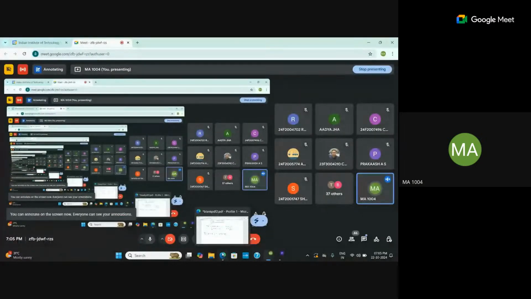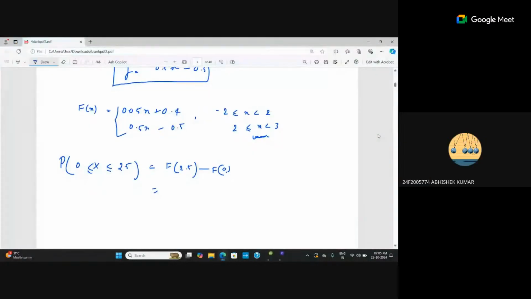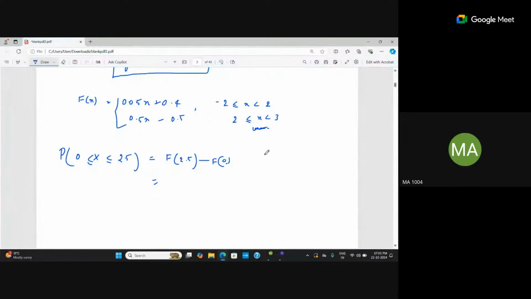Now is it visible? Yes, ma'am. Okay. So this point is clear. So it will be F at 2.5 minus F at 0, right? So 2.5 will lie in this interval. The CDF at this point we can find by this equation, so you have to put the value of x as 2.5. So it will be 0.5 into 2.5 minus 0.5.